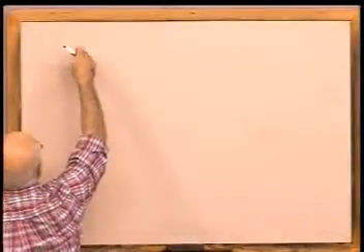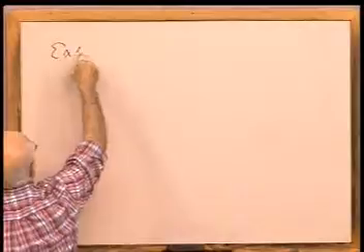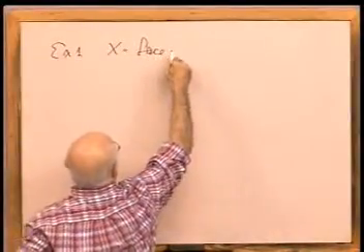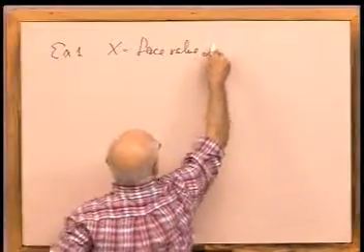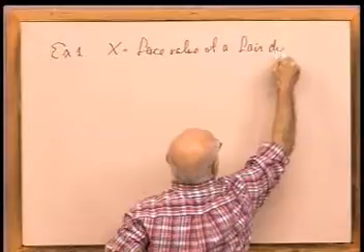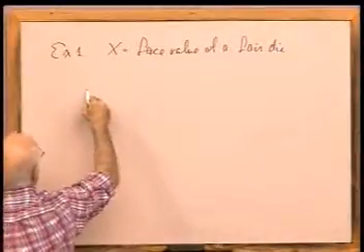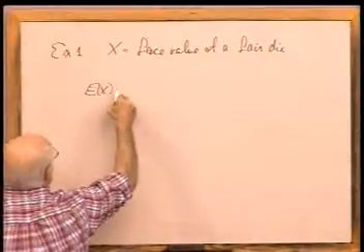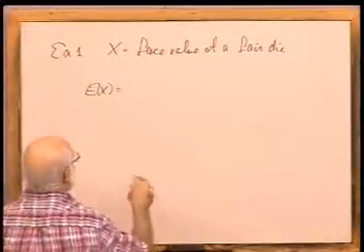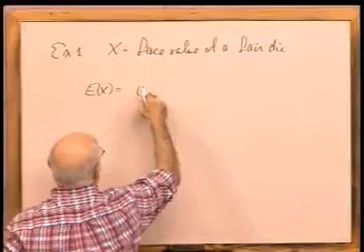Okay, so example 1. X equals the face value of a fair die. Okay, so what is the expected value of X? Well, I take the values the random variable takes, which in this case are the numbers 1 through 6.